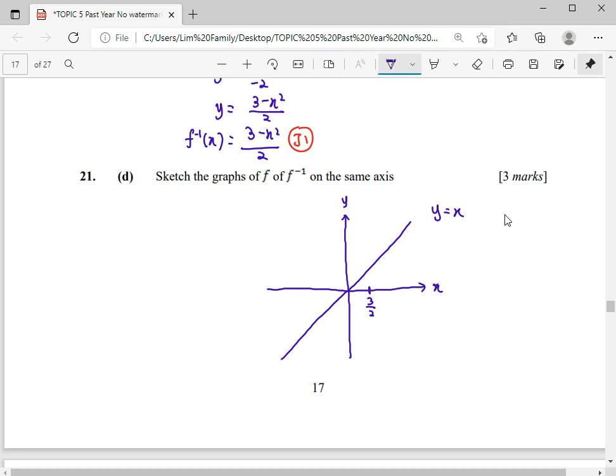So this is my starting point in order for me to draw the curve. So the curve is going to the left hand side and going up. So this is left hand side going up, this is left hand side going down, this is right hand side going up, this is the right hand side going down. So according to our domain and range, they give a direction, left hand side going up. So they will go in this direction.